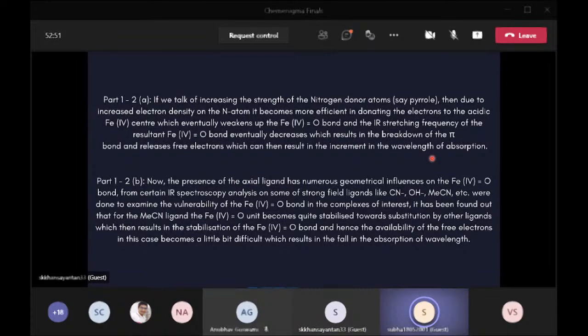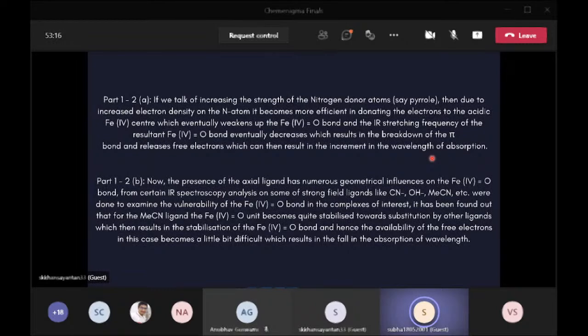And hence we can again give the argument that the bond will not be so easily broken and will not be giving out the free electrons. And hence it becomes a little bit difficult, which results in the fall of the absorption wavelength.